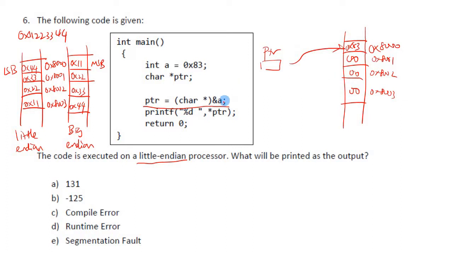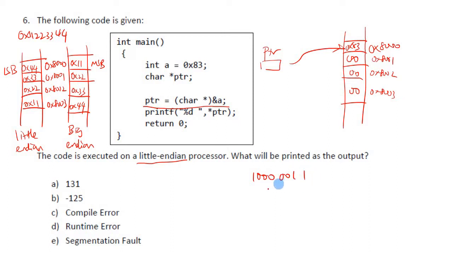Now we are saying that we have a character pointer. In C by default, all data types are considered signed, which means they are represented in 2's complement form. The most significant bit is used to tell whether it's a positive or negative representation. So the value here is 0x83, which is 10000011.